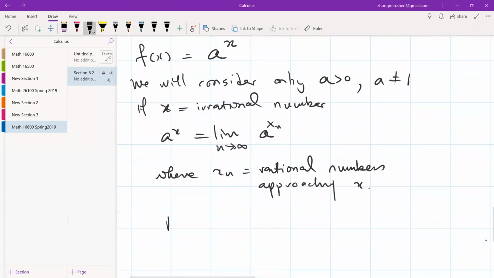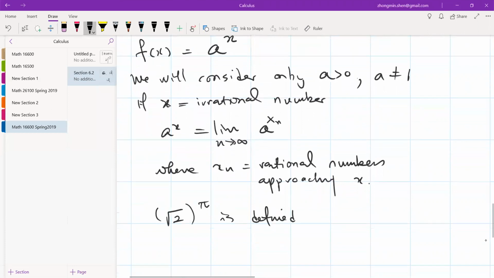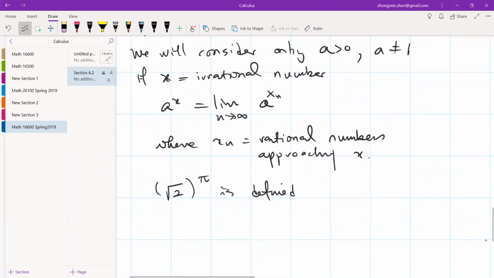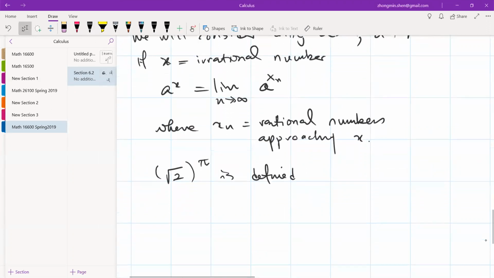So square root 2 to the pi is defined now. Why? Because square root 2 is positive, not equal to 0, and not equal to 1. Pi is an irrational number, but you can have a sequence of rational numbers approaching it, so it's defined.